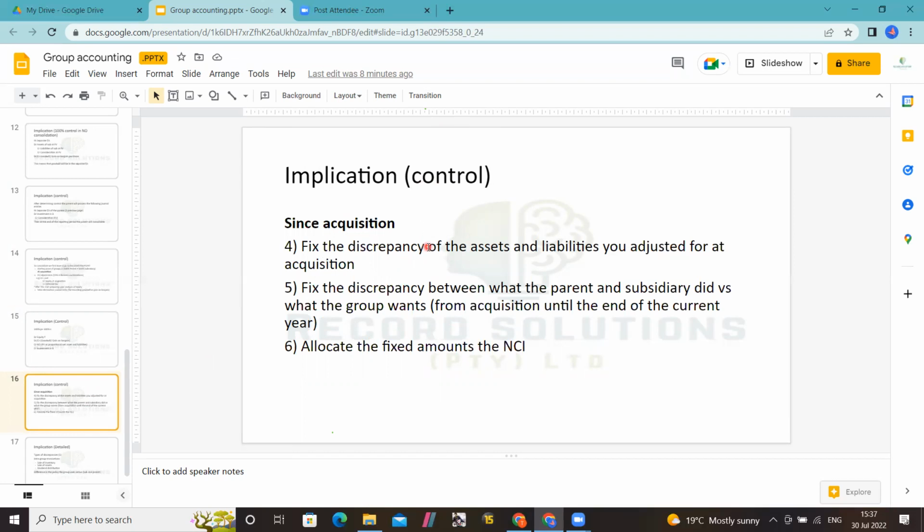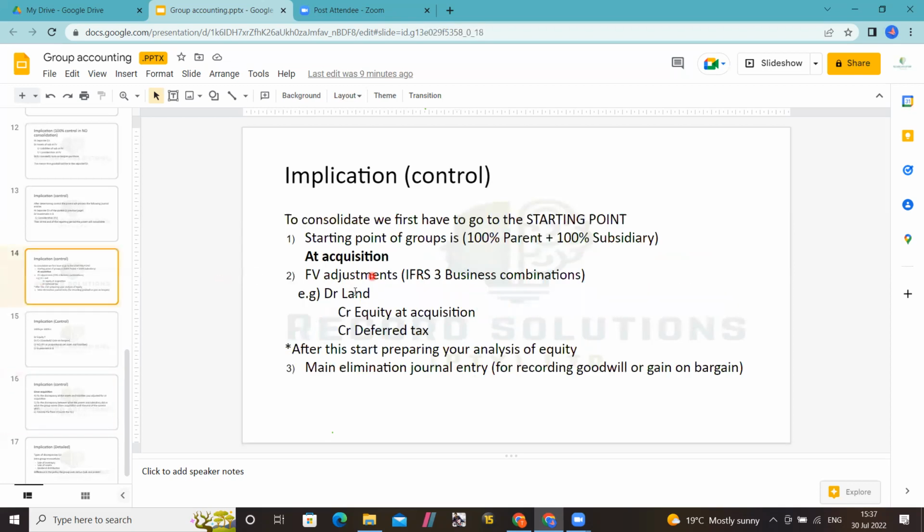And then the first thing is we have to fix the discrepancies between the assets and liabilities that you just adjusted for at acquisition, right? So what does this mean? For instance here, you adjusted, so it's fine.